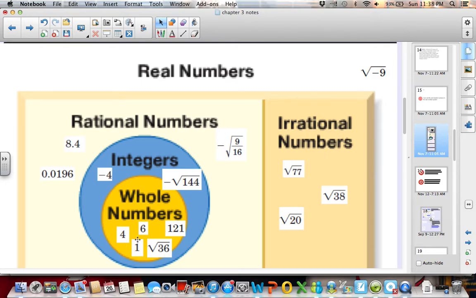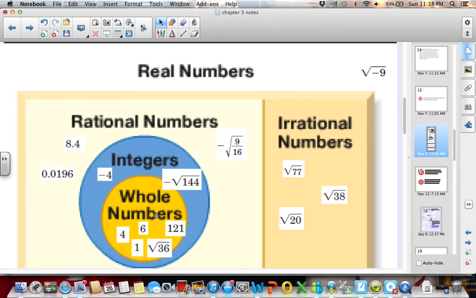So recap, all of these numbers in our whole number category are also integers and also rational numbers because they're inside our rational box. So all of these numbers in here are rational numbers. Okay? The ones outside of the yellow circle but inside the blue circle are integers, so they're integers and rational numbers.